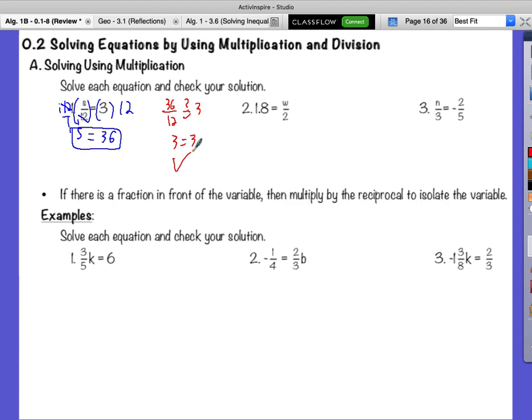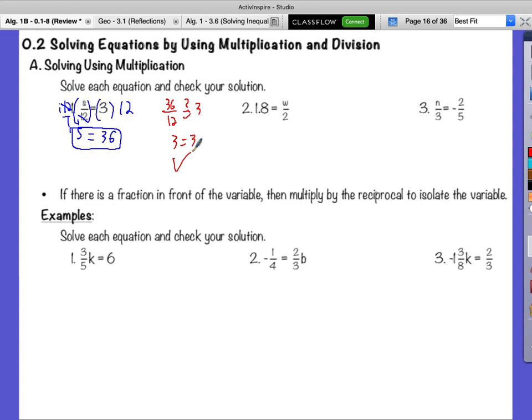And then right across the line would be 1.8. W. What would I multiply that by? 2.